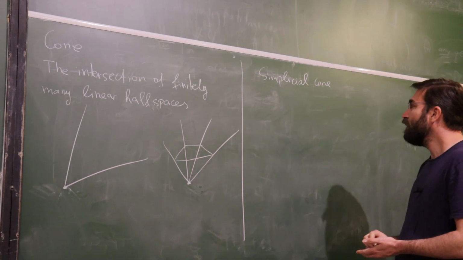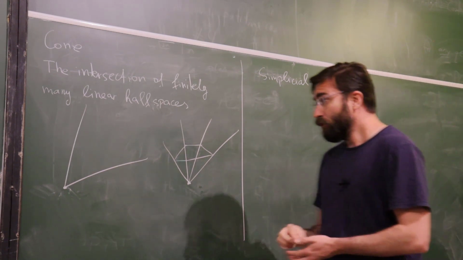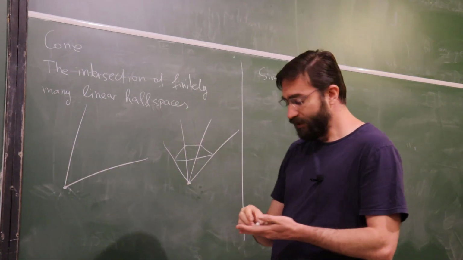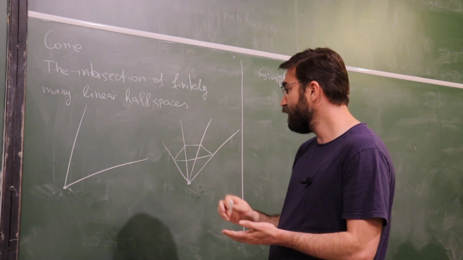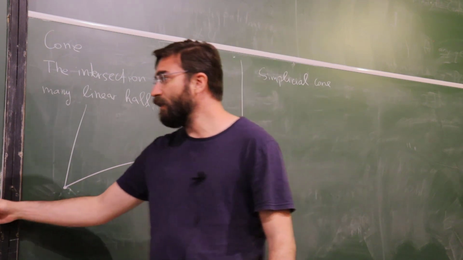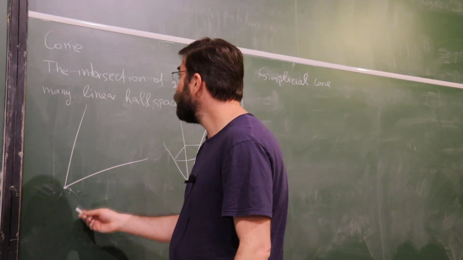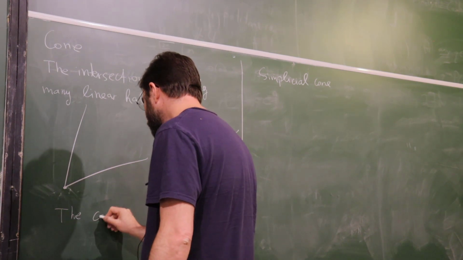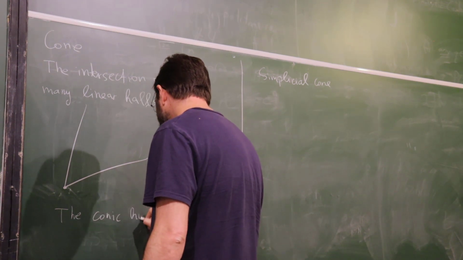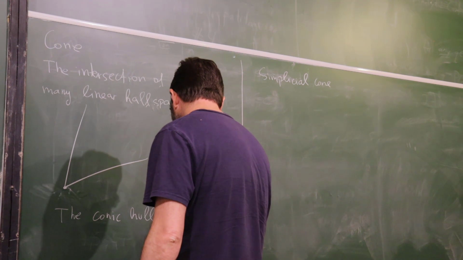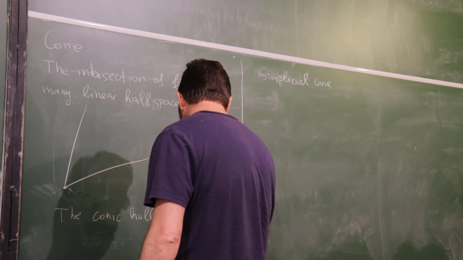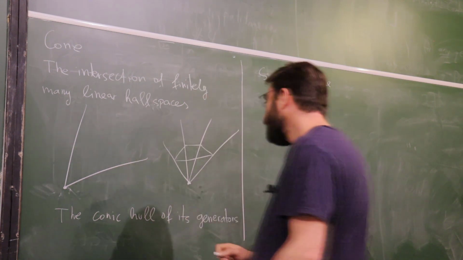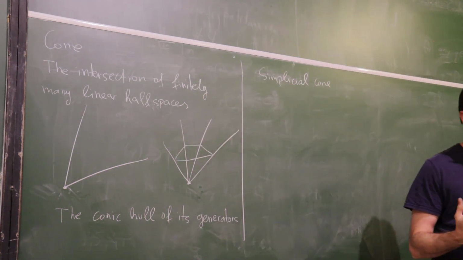Now, for cones, the V representation: here we had the convex hull, but for cones it is the conic hull of the generators.